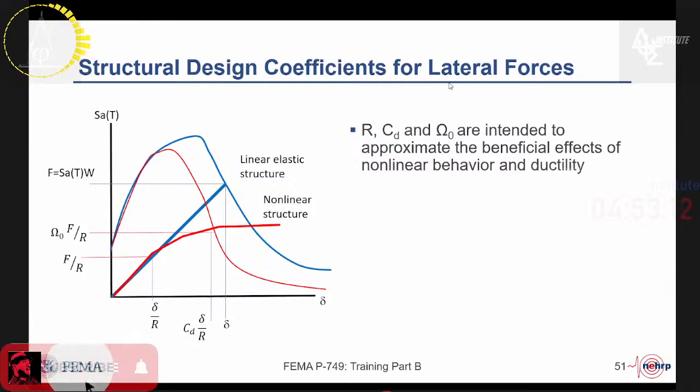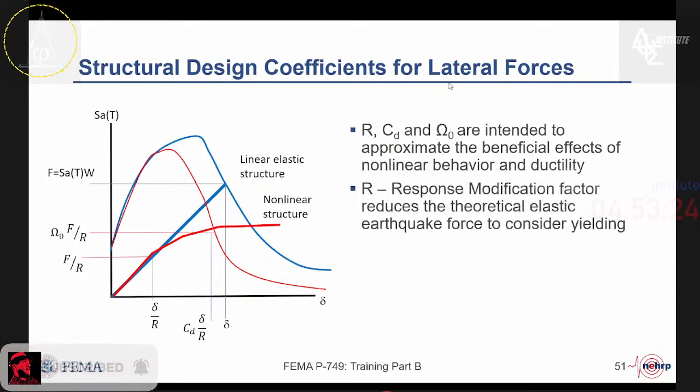The R, C sub D, and omega zero coefficients that we use to determine our seismic forces are approximations of the beneficial effects of nonlinear response on the structure's behavior. The R coefficient represents the reduction in force that occurs as a result of nonlinear response. And the theoretical elastic response of the structure divided by R sets the minimum strength required by the standard for the structure.